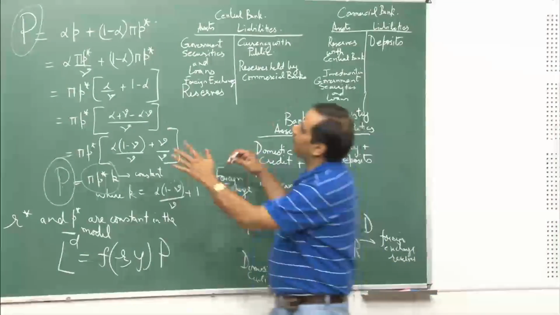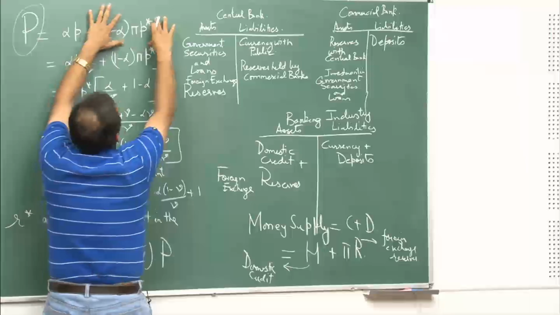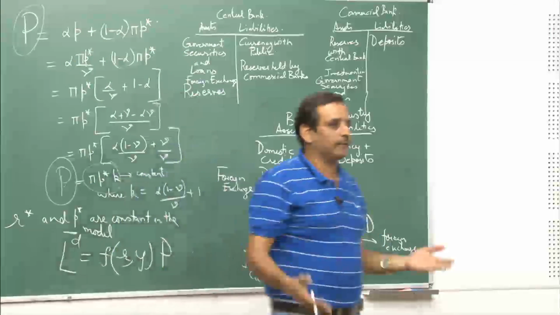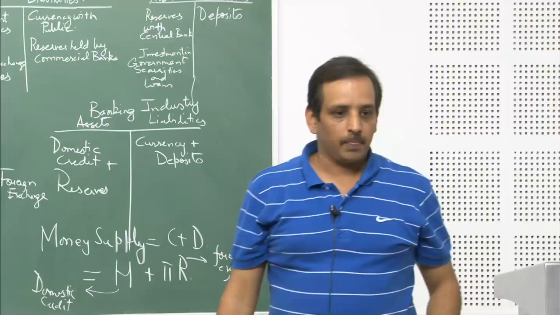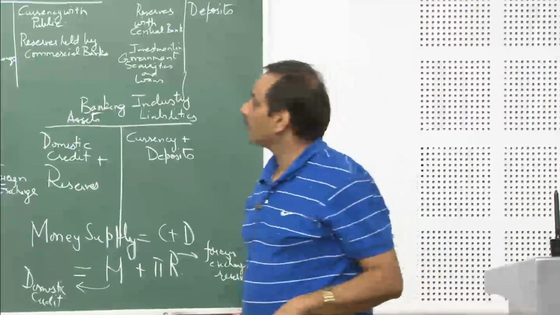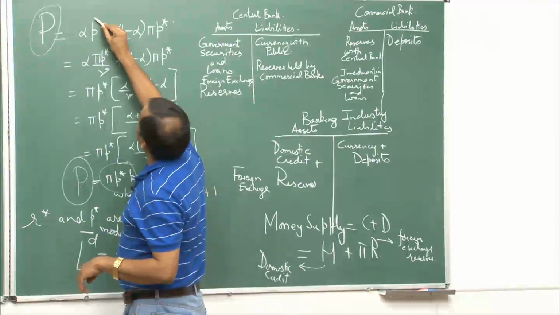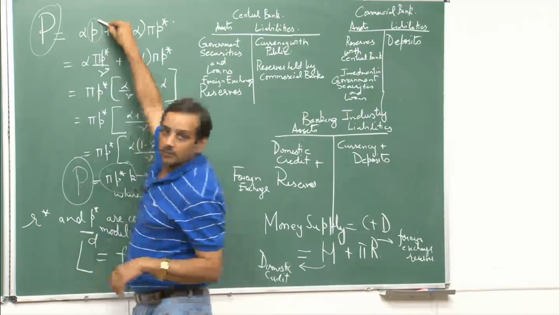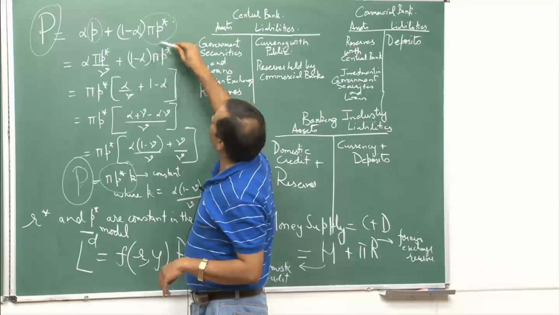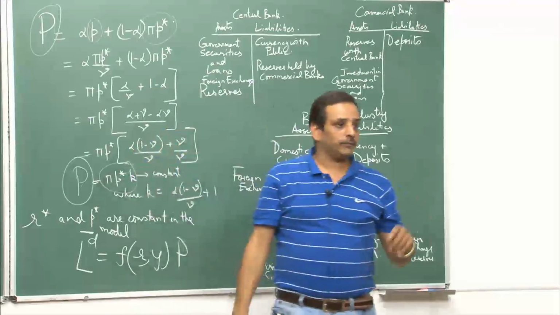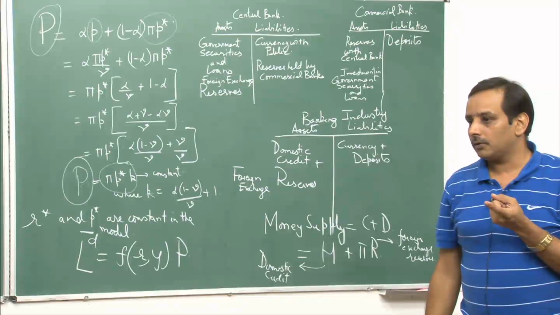The price level is a function of the domestic prices and the international prices, a weighted average of the domestic and the international prices. This is the price of the domestic goods, and this, remember, is the price of the foreign goods.